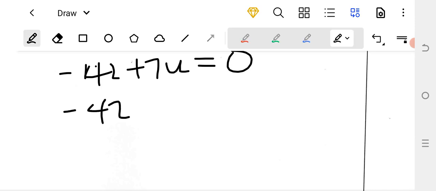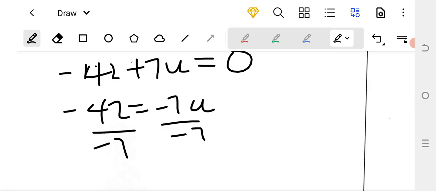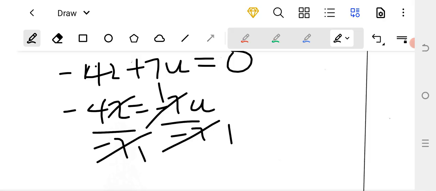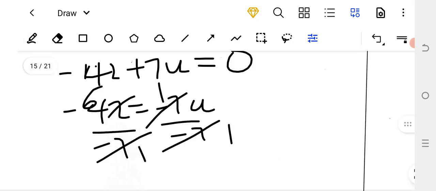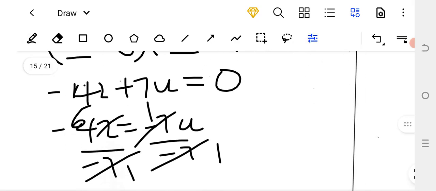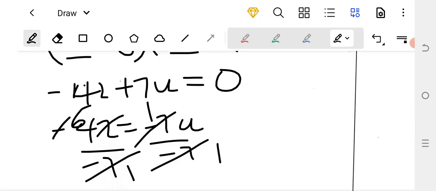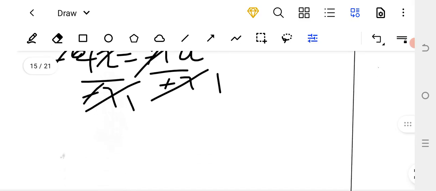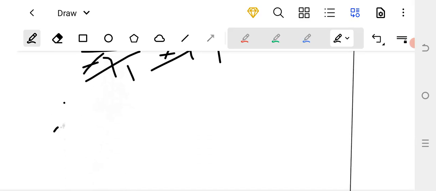Negative 42 is equal to negative 7u, divided by negative 7, divided by negative 7. 7 can go into itself a 1. Negative 7 into itself is a 1. Into this, it's a 6. So the negative and the negative sign will also do their thing to give you a positive. So this also gives you a positive. To conclude, you are going to say, therefore, u is equal to 6.